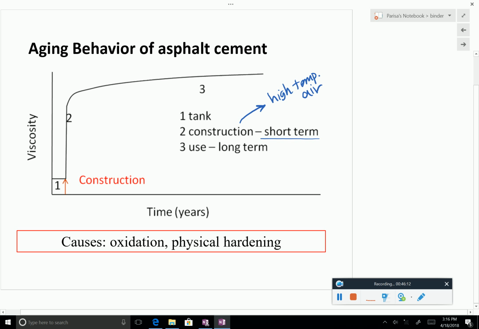So you mix things, you play with the material a lot. So during construction, you change the material properties a lot. That affects the viscosity, but then afterwards you have a slow increase. It increases, but slowly. And this is the long term. And there are tests that we will see that assess how much aging you will have for a certain type of material.